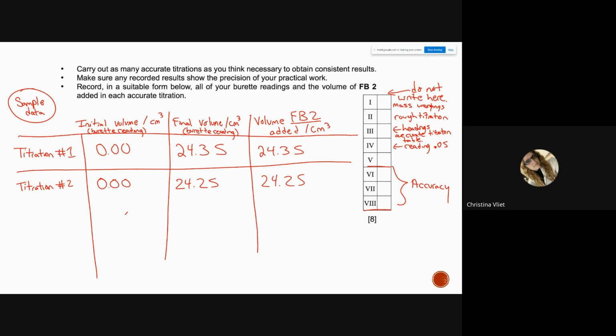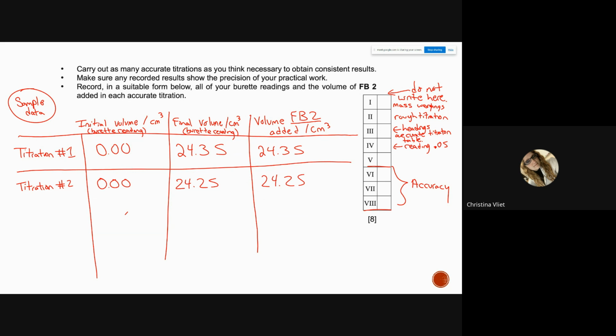It has to be to the nearest 0.05 on your burette. So that's Mark 4, to say that every reading is to the nearest 0.05. If you see 24.3, write 24.30 or 24.35. Always to the second decimal place. That's Mark 4. You can control that mark. You can give that mark.